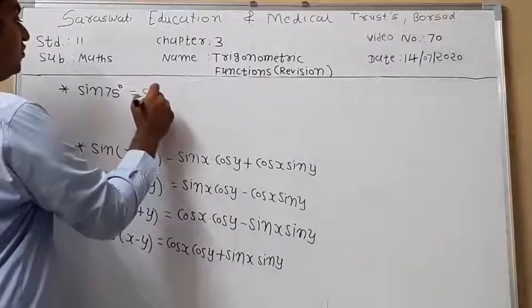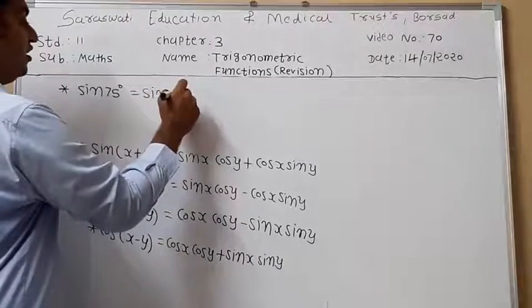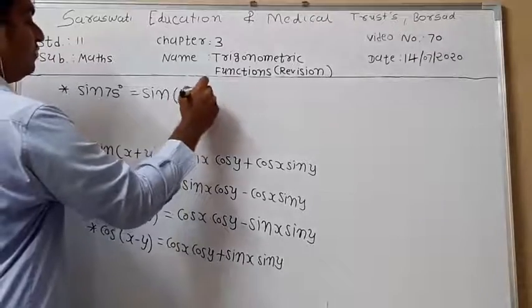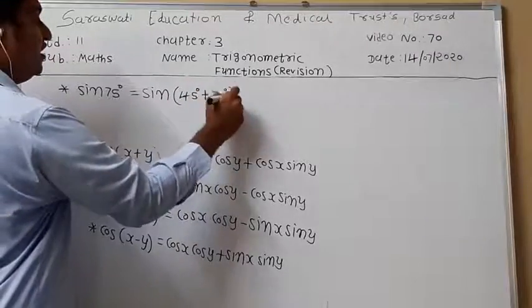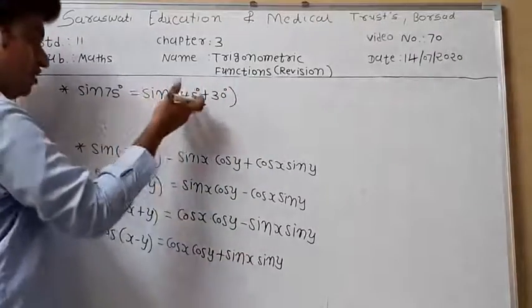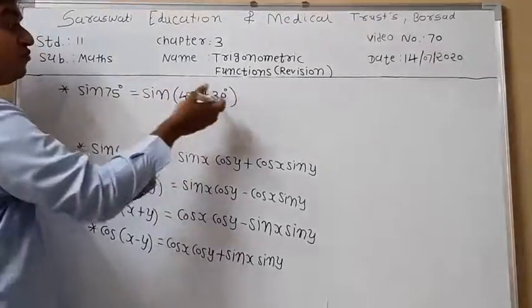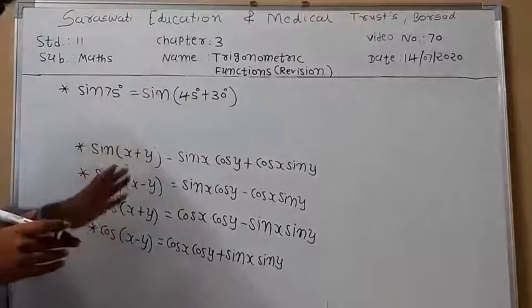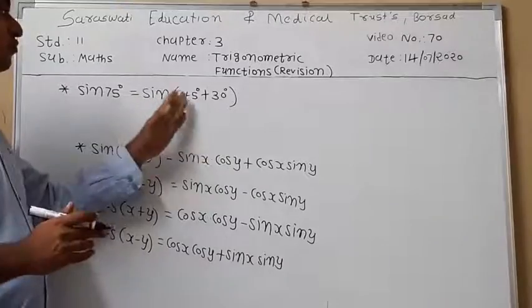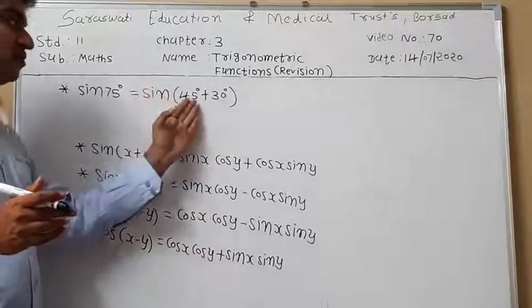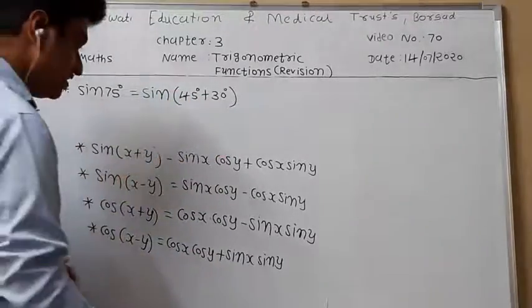So first of all, in place of 75 we write 45 plus 30 degree. We can also write 30 plus 45; in both ways we get the same answer.